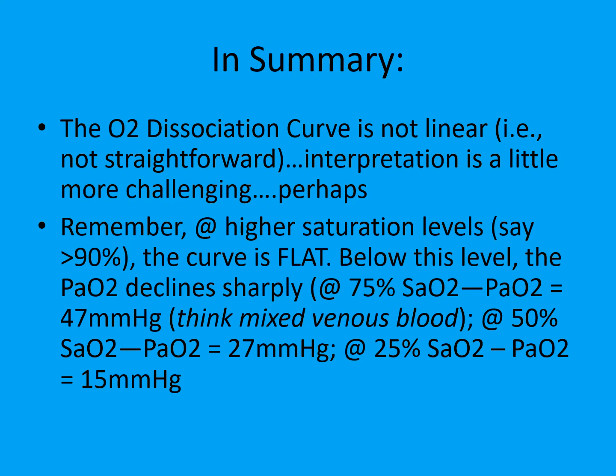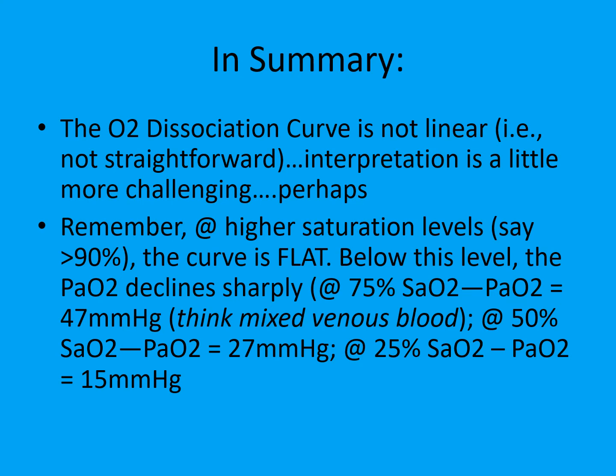All right, so at higher saturation levels, that curve is flat, so we're not going to see a lot of change for a little change in our pressure. We're not going to see much change in our saturations, right? And then if our PO2 is less than 60, we're going to have dramatic changes in our saturation levels, assuming a normal curve.